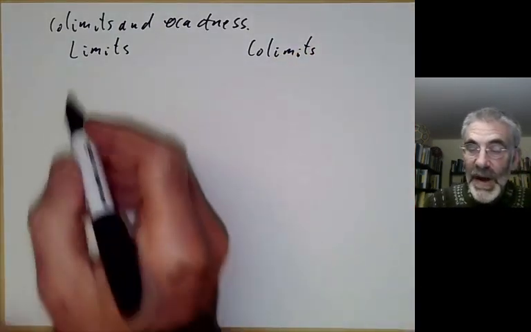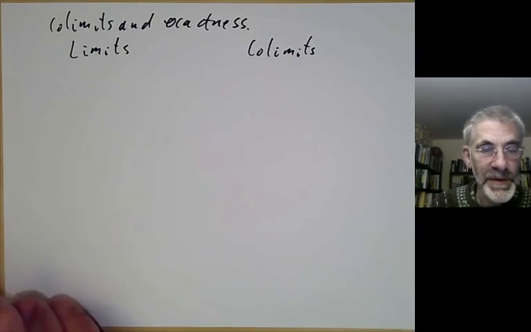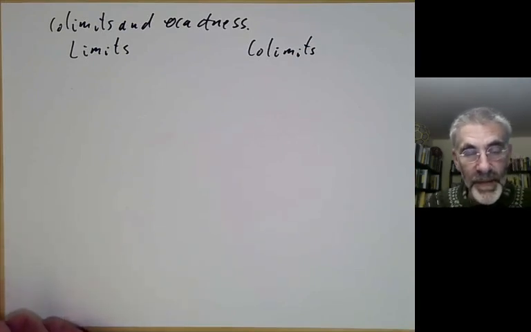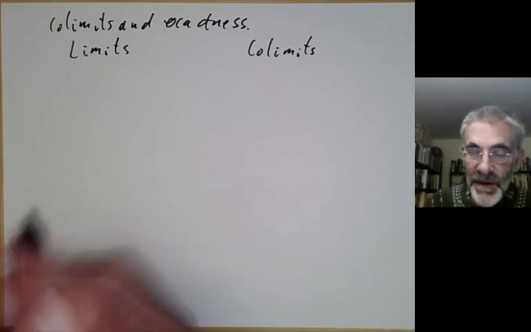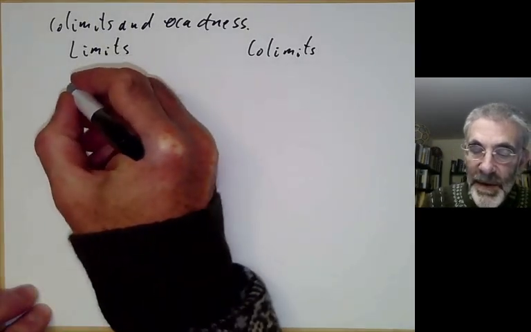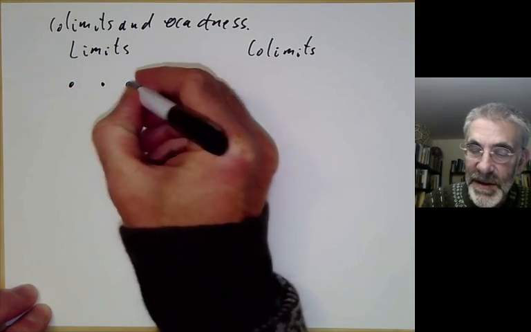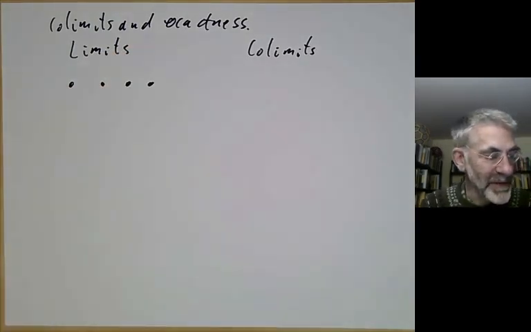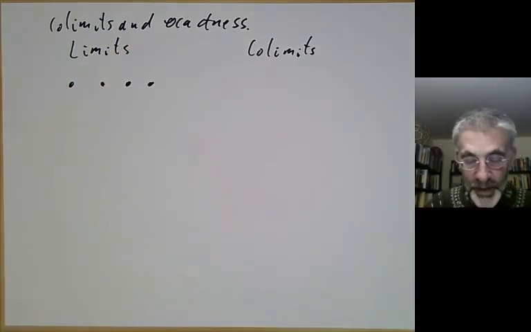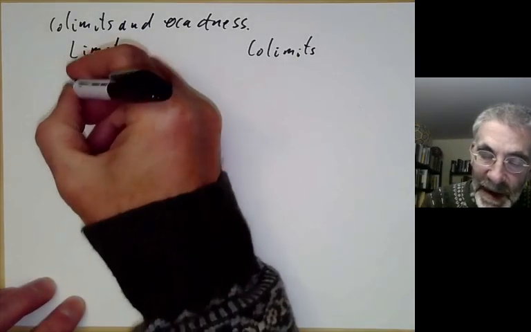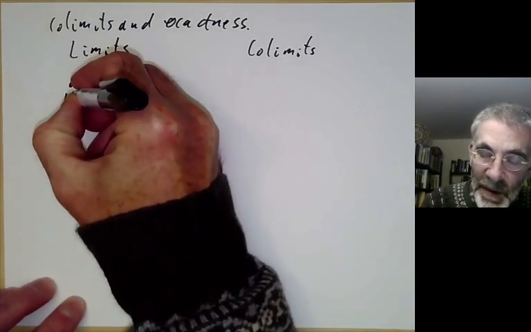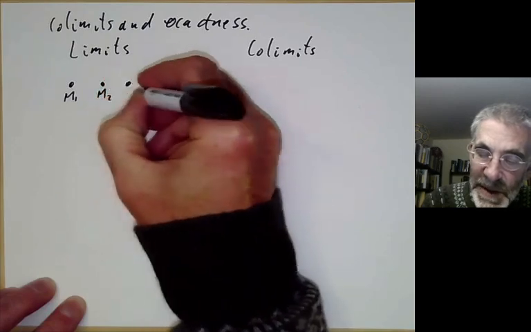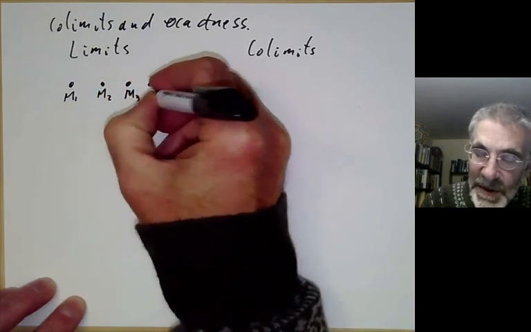So you remember a limit and a colimit depend on a sort of category parameterizing the things you're taking a limit over. So the simplest example might be a discrete category just consisting of some objects with the only morphisms being identity maps. And here you might want to take a limit of some objects m1, m2, m3 and so on.